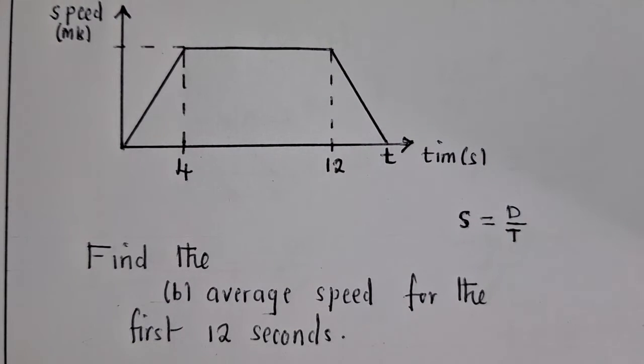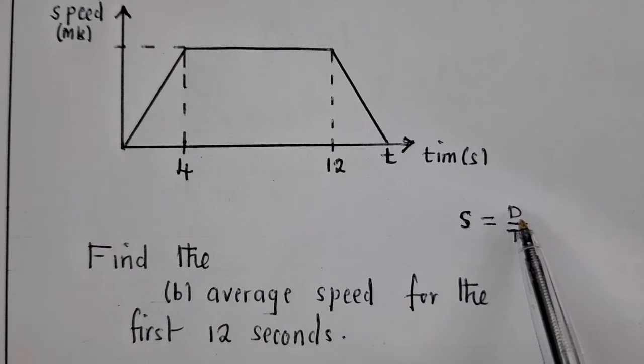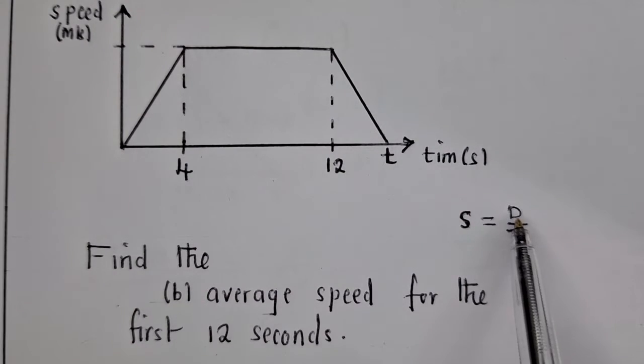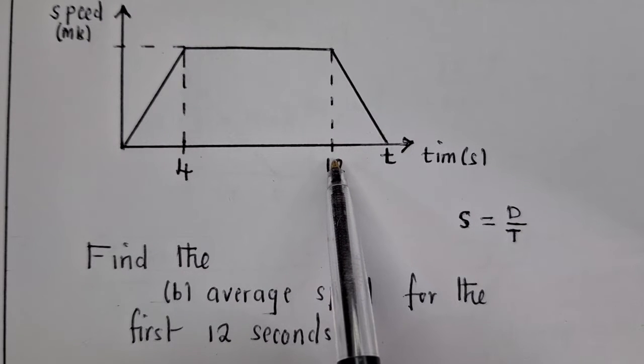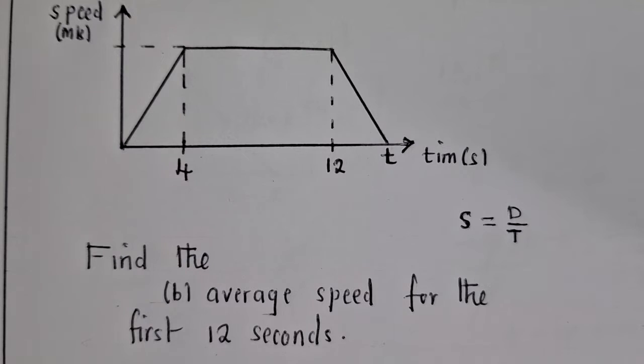This is a key formula. Now we have to identify d. Do we have d, the distance? We don't. Do we have time? Yes, time is 12 seconds. So the key thing to do here will be to find the distance.